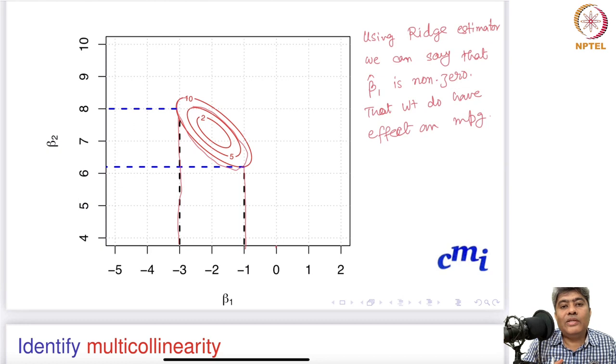The ridge estimator is one such correction: because of the ridge correction, the correlation between the coefficients in the sampling distribution reduces, and as a result the overall standard error reduces.